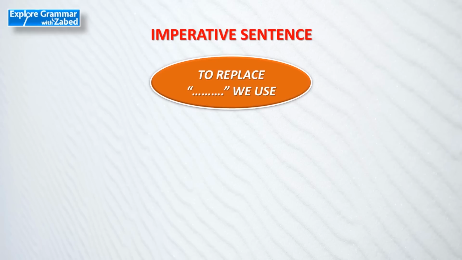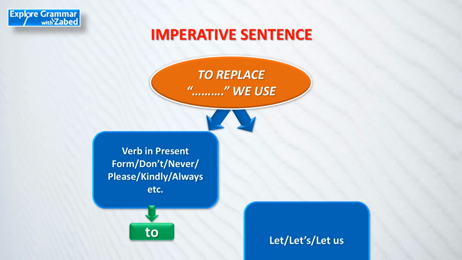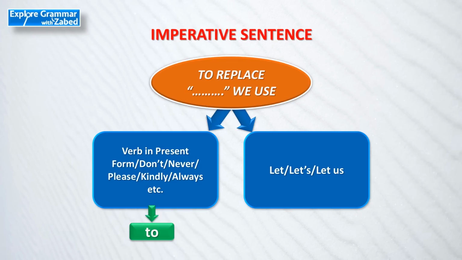At the time of removal of inverted comma in imperative sentence, in the beginning of the reported speech, if we see the verb given in present form or don't, never, please, kindly, always, etc., we use the connector to. On the other hand, if the imperative sentence starts with let's or let us, we use conjunction that.